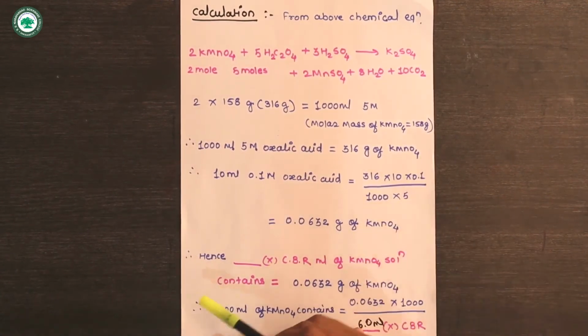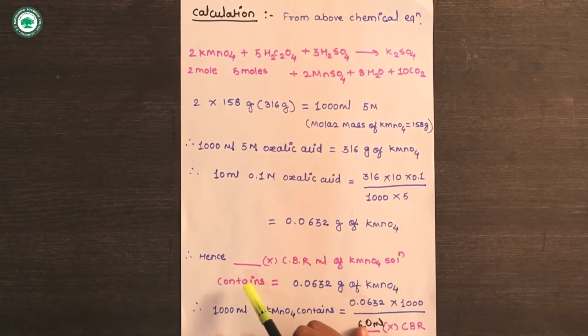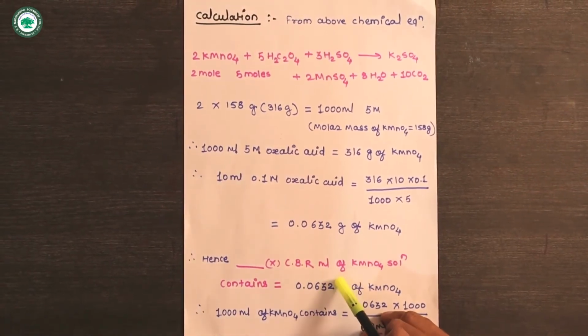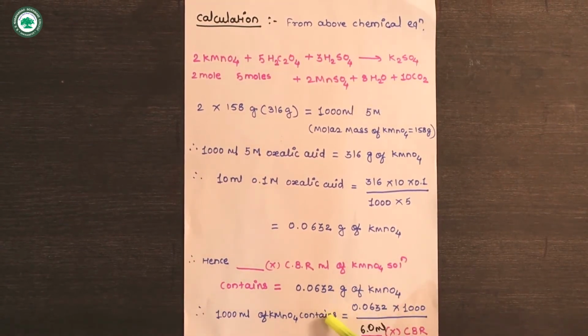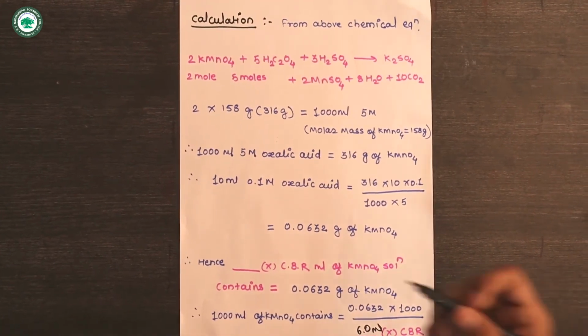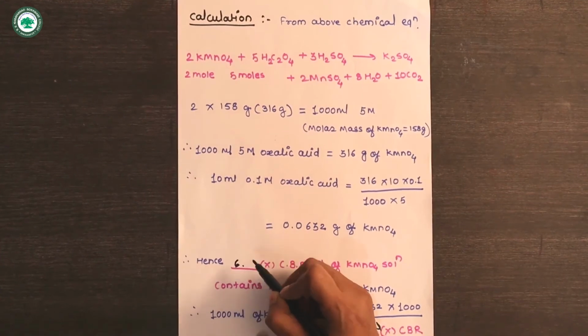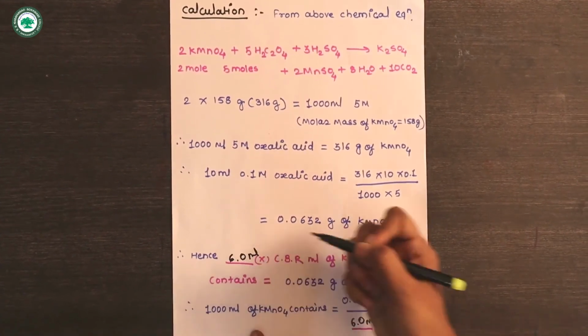Hence we can write at that point: the constant burette reading ml of KMnO4 solution contains 0.0632 grams of KMnO4. Now we write here the constant burette reading is 6.0 ml.